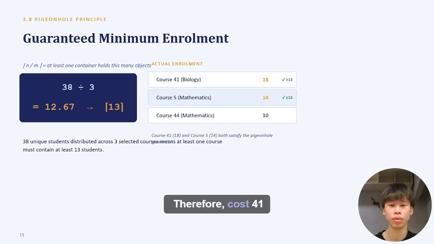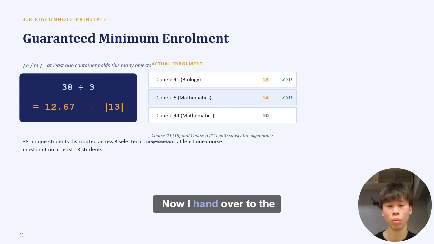Therefore, course A and course B both satisfy this mathematical guarantee. These calculations show that our data is mathematically consistent, and these principles can help universities plan timetables and allocate resources more effectively. Thank you for listening.